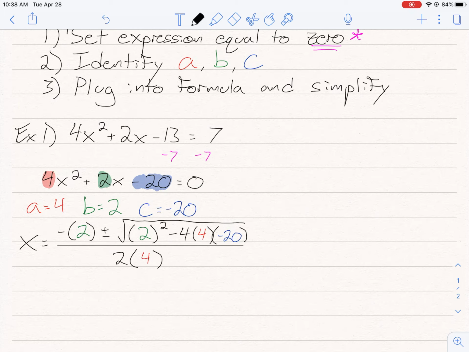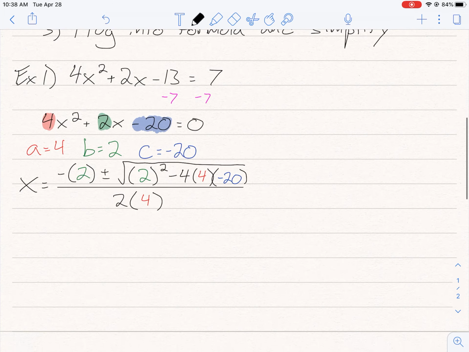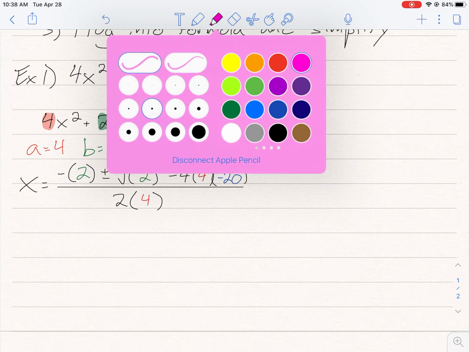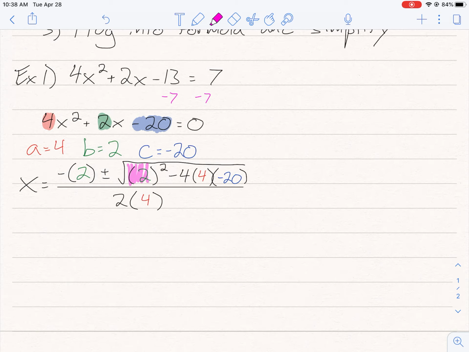So here is just us plugging in all of the numbers into the quadratic formula. Negative 2 plus or minus the square root of 2 squared minus 4 times negative 20 over 2 times 4. Now, we can simplify this by just multiplying numbers inside of our square root here. So let's do so.